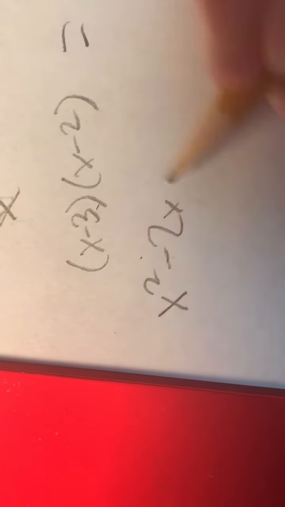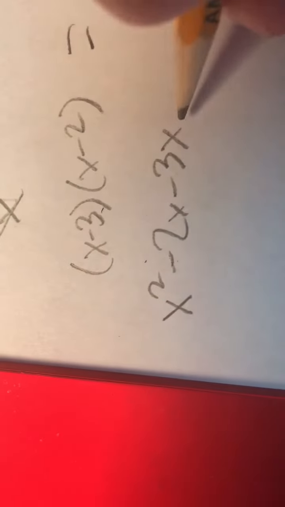Now, we need to FOIL this one. I'll break down the FOILing for everybody. x squared minus 2x minus 3x plus 6 equals x squared minus 4. Now we see we have a lot of things on both sides.